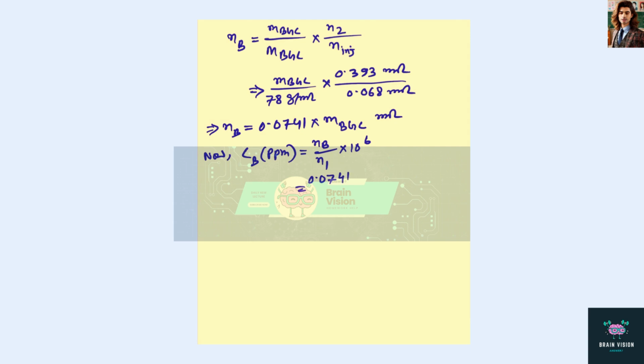We can now insert all this given information, which gives 0.95 multiplied by 10 to the power 6 multiplied by the mass of benzene in the chromatogram, in ppm.